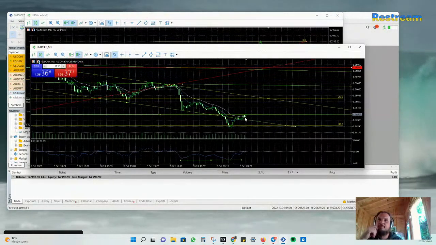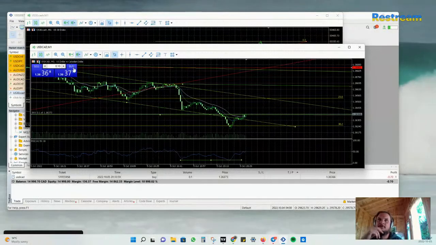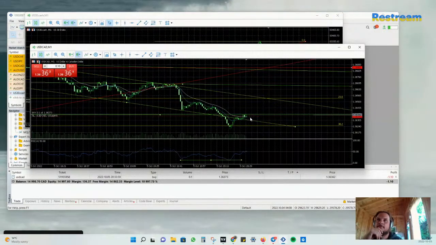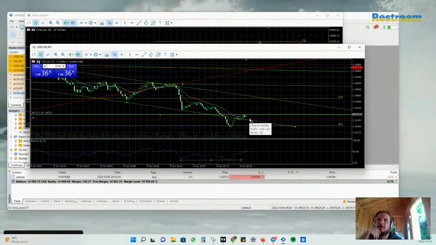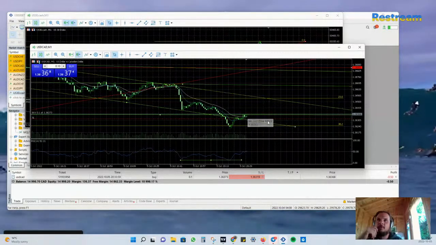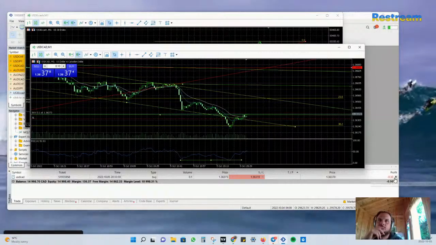But look at this, it's ticking up here. Let's go. Now, the other thing I do is I'll pull the stop loss to start below the candle that broke the 21, if that makes sense.